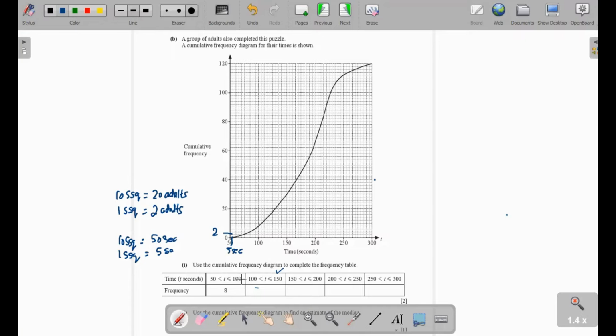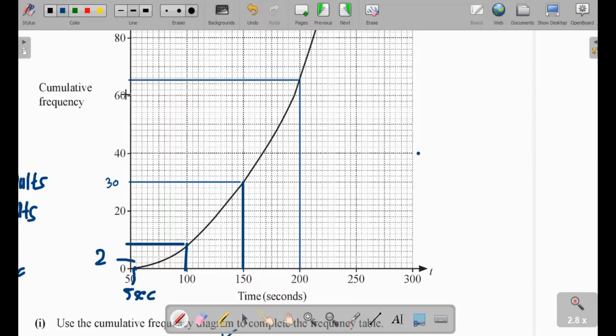Now find the value of the frequency between 100 and 150. Between 50 and 100 seconds the frequency is 8. Now we draw a line here, and this value is marked here, and this is 8. Similarly at 50 seconds, firstly we draw a perpendicular line from the time axis. We see the value of this cumulative frequency.